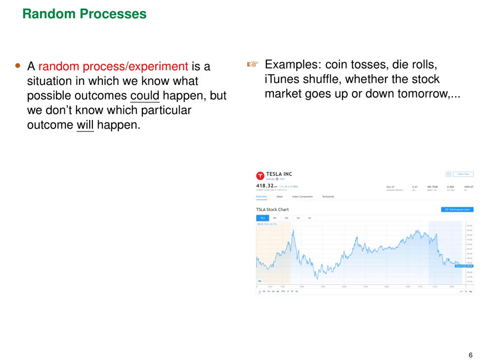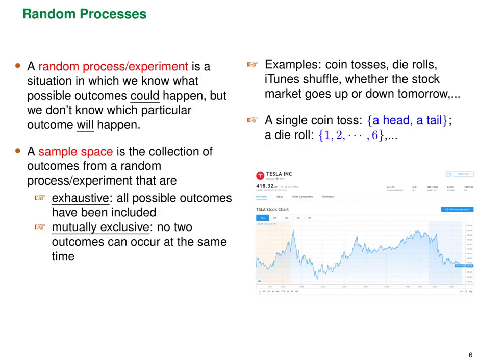There are many examples of random processes, such as coin tosses, die rolls, the stock market prices, just to name a few. We refer to the collection of all possible outcomes from a random process as a sample space.